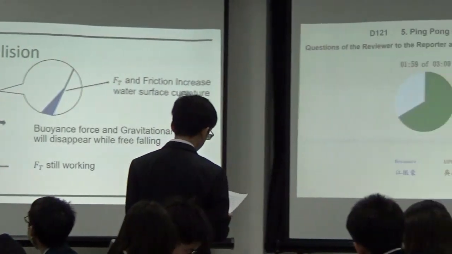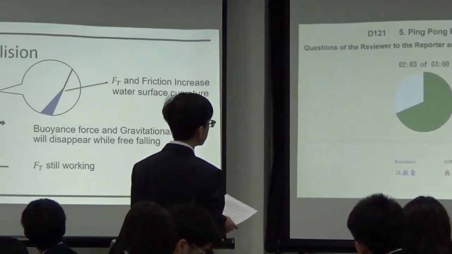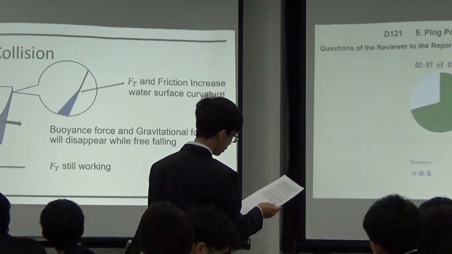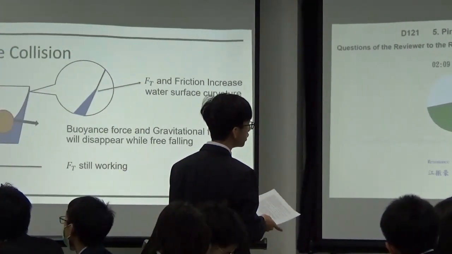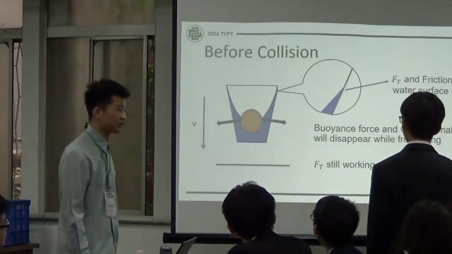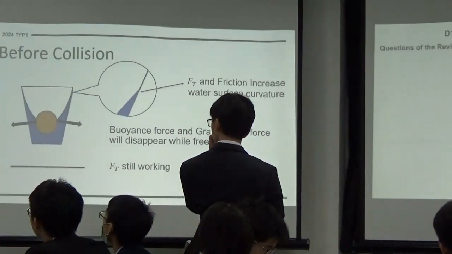And a question for both the reporter and the opponent. Will the material or the radius of the container affect the water jet forming in the water? Yes, I think it will affect. And can you expand how it will affect?